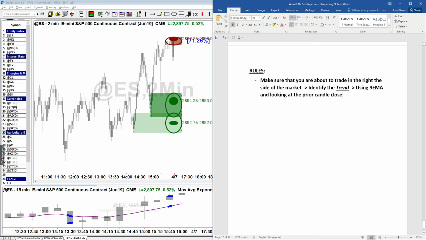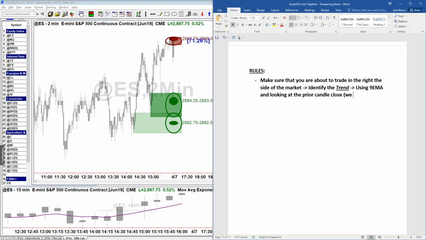Done. Now, I'm not saying that because it's an uptrend or downtrend, you're going to buy immediately. No, there are more rules. This is only rule number 1. There are many more rules that we need to add here. But this is what we're going to do. We're going to use the 9 EMA and look at the prior close.